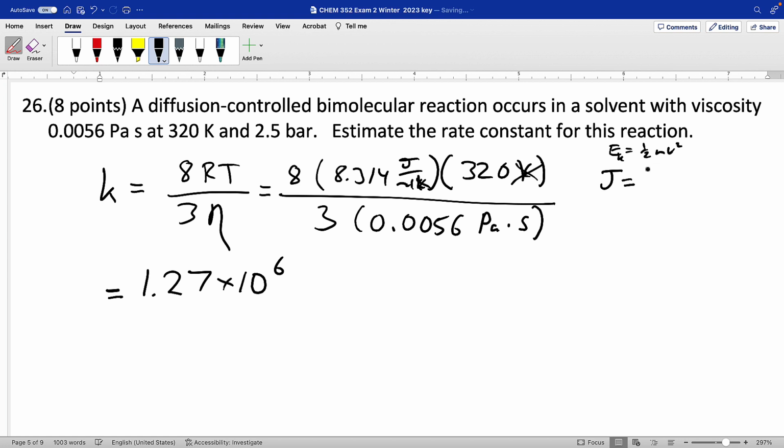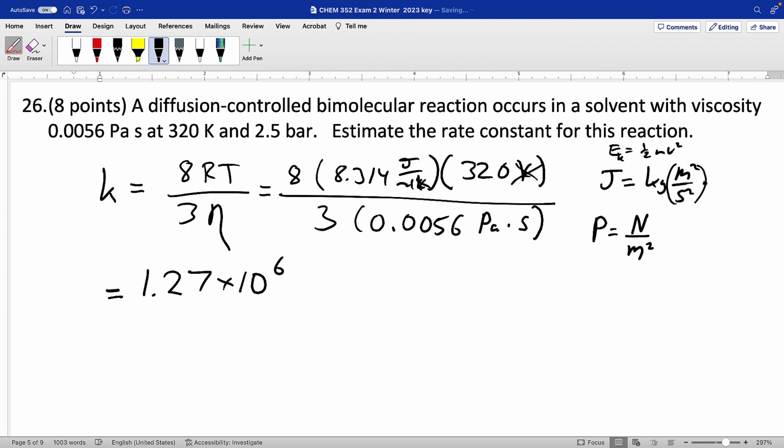So you can see a joule is going to be a mass unit times a speed unit squared, right? So I've got mv squared. And a Pascal is equal to a Newton per meter squared. And you may remember that a joule is a Newton meter, right?